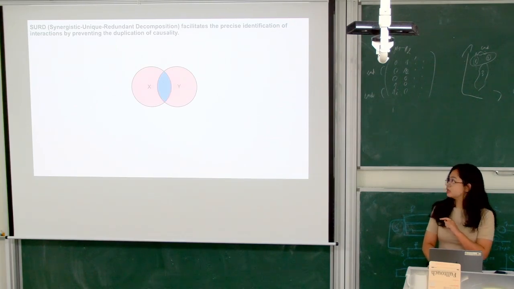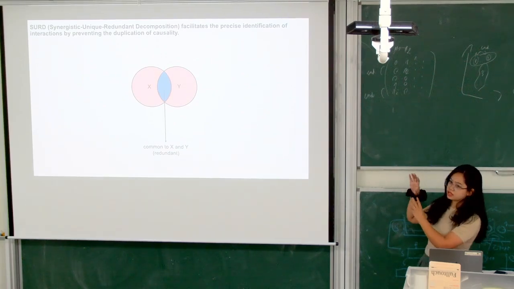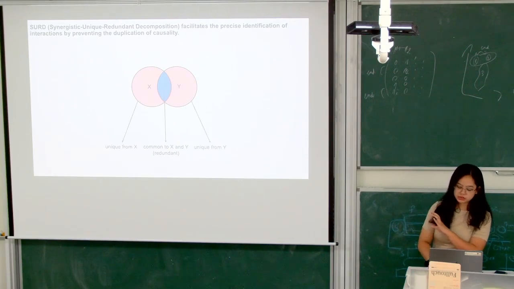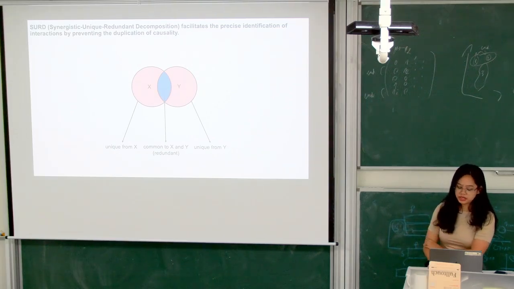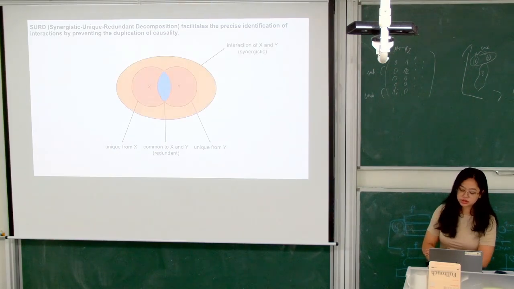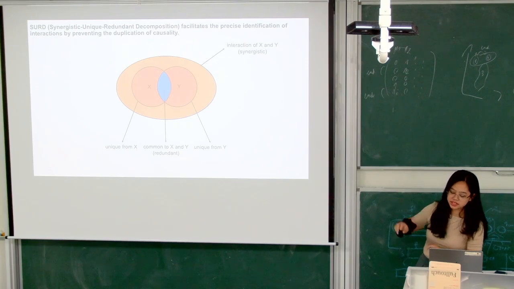That is the blue area there, and this is what we call the redundant causalities. Outside of the blue area, the pink area, is what we call the unique causality from x and unique causality from y. And then there are also causalities that we can only observe from the synergistic effect of x and y. This is called the synergistic causalities.